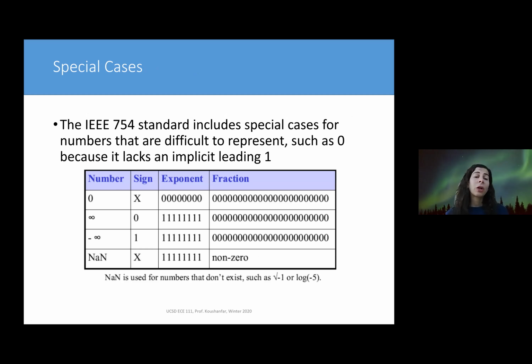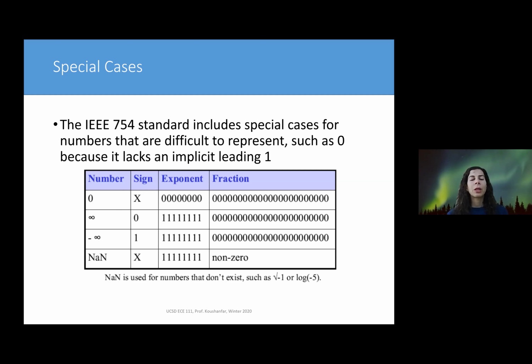And there are also special cases in the standard. The number 0, because it doesn't have a sign, the sign is don't care. So when you have both exponent and fraction all zeros, then this library or interpreter knows that this is the number 0. Plus infinity is shown by a sign 0, exponent all 1, fraction 0. Minus infinity, just the sign changes, the same format.